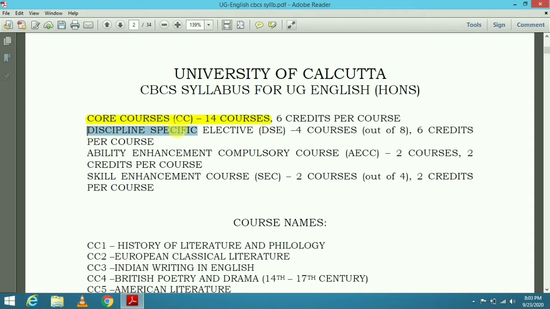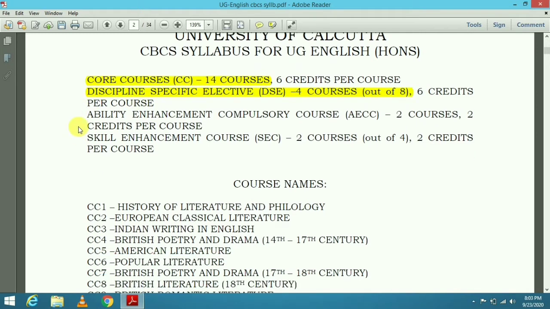And after that, you have discipline specific elective, which means DSE course. And you have here 4 courses out of 8. It is a good thing that here you will be given 8 courses, and out of 8 courses you can choose 4 courses. But in the CC course you are not given any option to alter or to skip any course. You have to prepare all the CC courses.